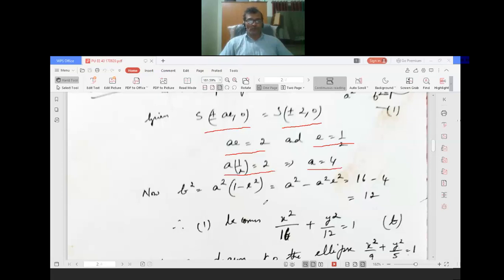Once a equals 4, we can find b squared. b squared is equal to a squared into 1 minus e squared, so a squared minus a squared e squared. a squared is 16 and a squared e squared is 4. 16 minus 4 is 12. So now we get the equation as x squared by 16 plus y squared by 12 equals 1.